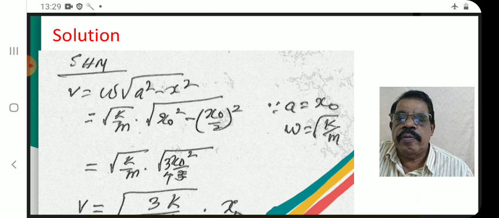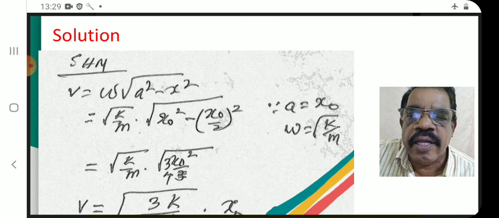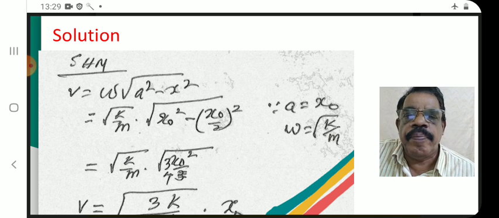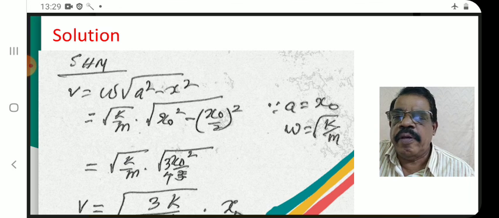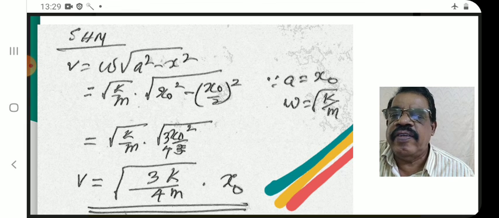And omega, if the force constant and the mass of the particle are given, is root of k by m. So v is root of k by m into root of x0 square minus (x0 by 2) square. That is root of k by m into, inside the bracket, 1 minus 1 by 4, that is 3 by 4, x0 square.